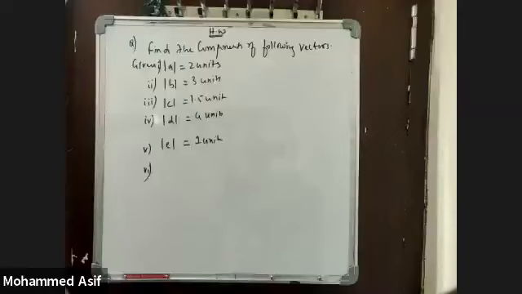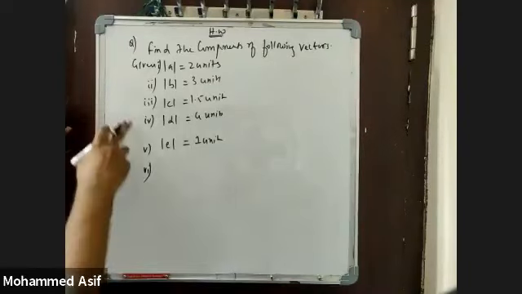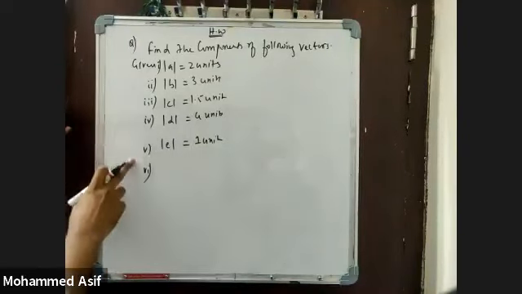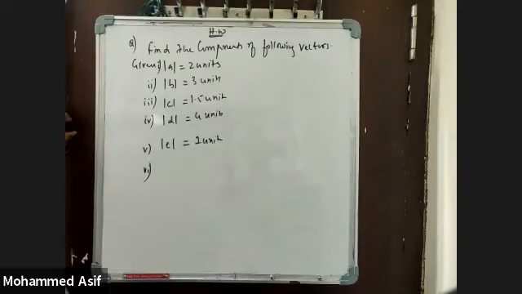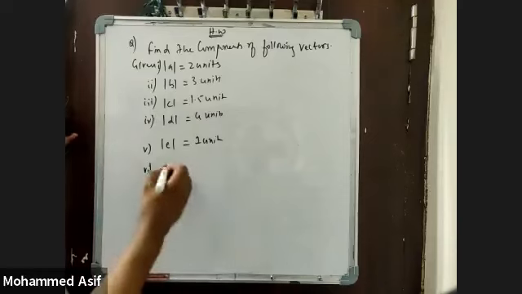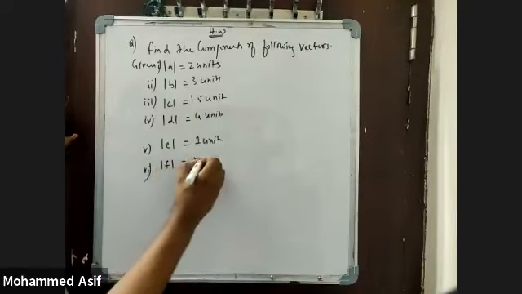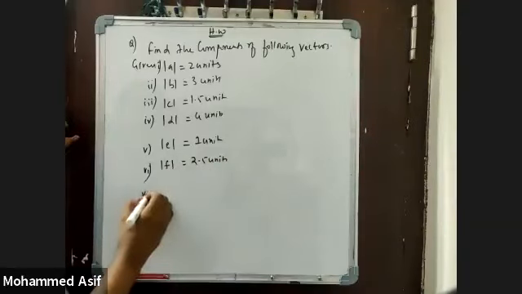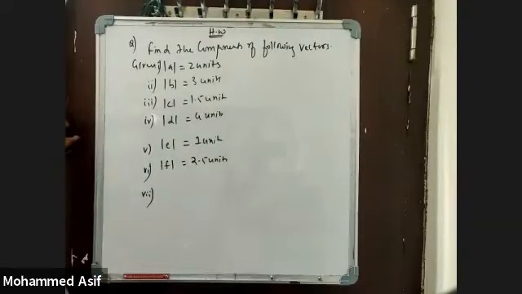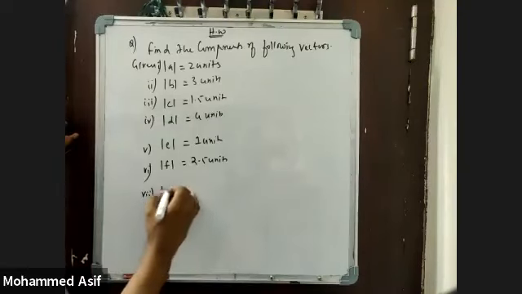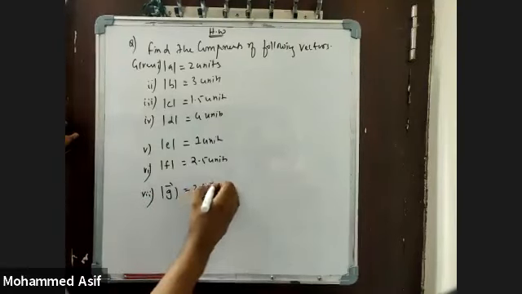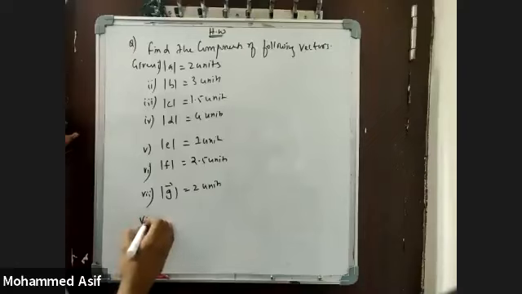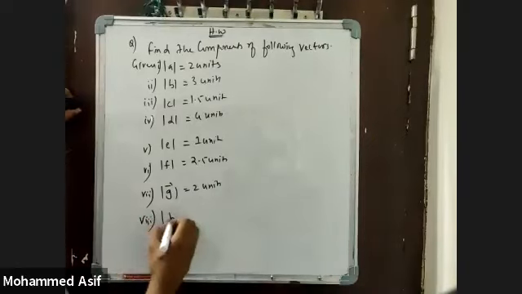Question number 6: mod of your F is equal to 2.5 units. And seventh one is mod of G bar is equal to 2 units. And eighth question is mod of your H is equal to 3 units.